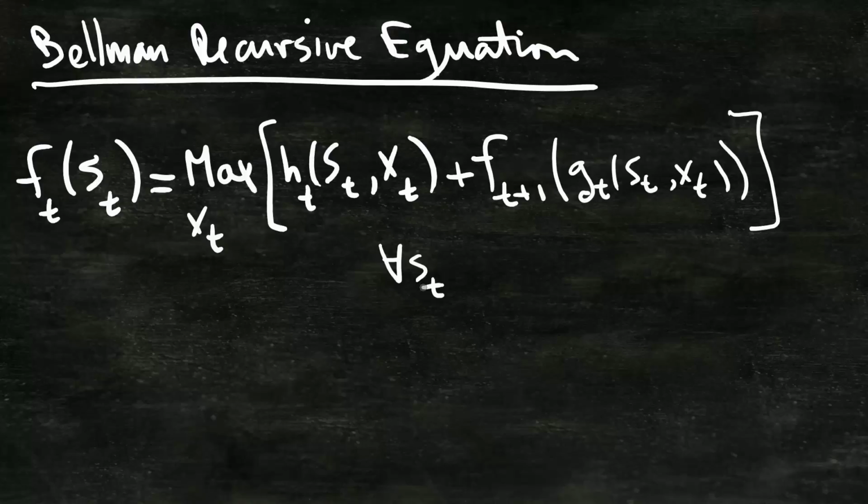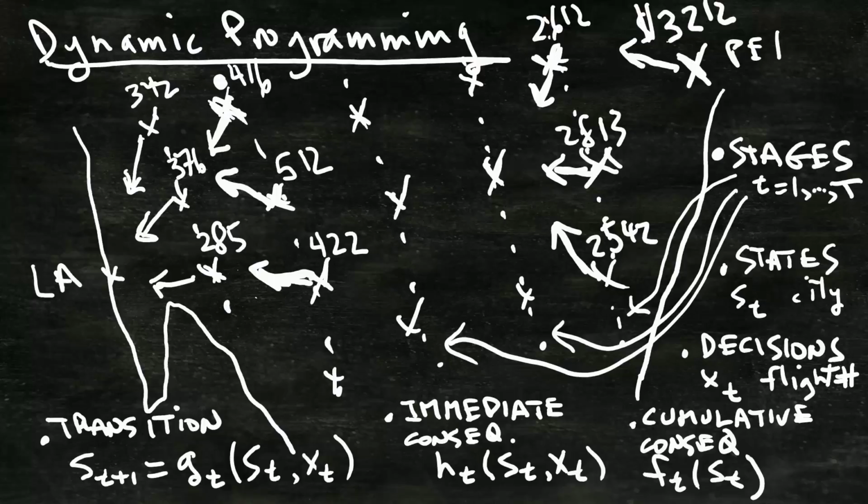Now there is some additional terminology that I will introduce next time around. But before I do that, there is a problem here because we start with t, and we'll start at the end, and then we'll go t minus 1, and then we'll proceed until we get to 1. So if we start at the last stage, what is the benefit of being in LA?